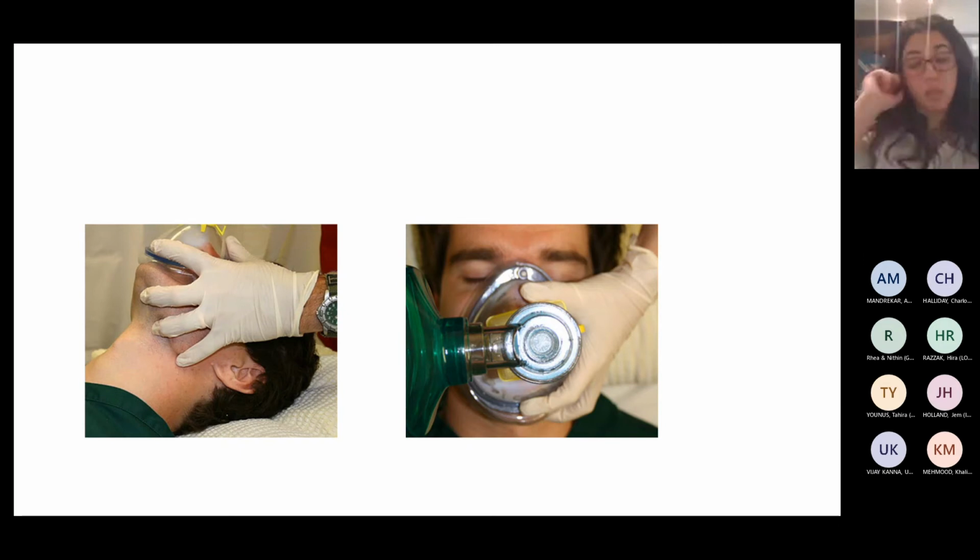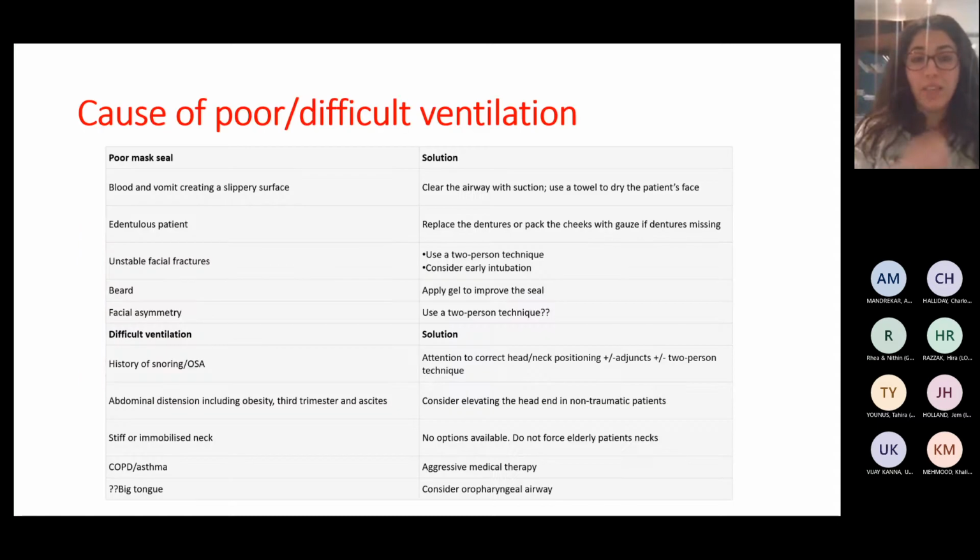So some causes of poor ventilation can be related to a poor seal, like if the patient has vomited, there is blood on the face or any fluid that might cause the mask to slip. You just have to either suction or wipe their face.